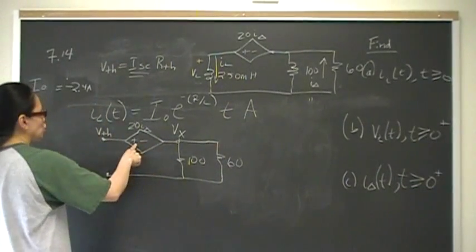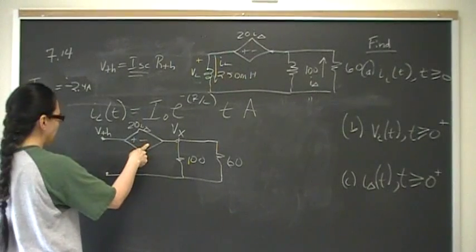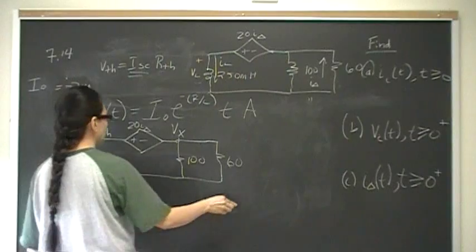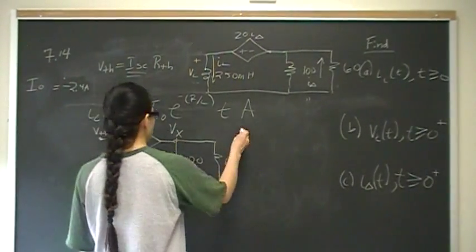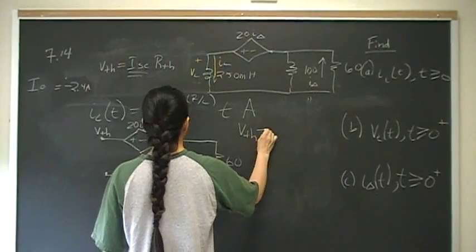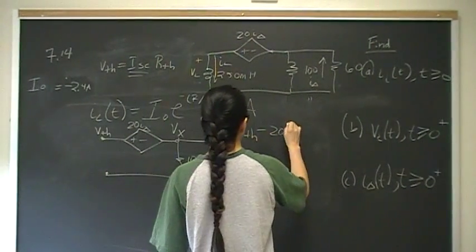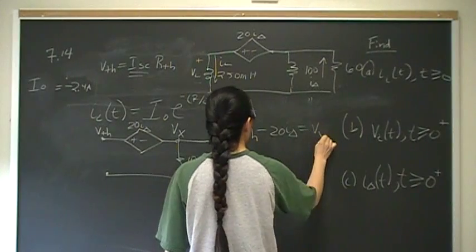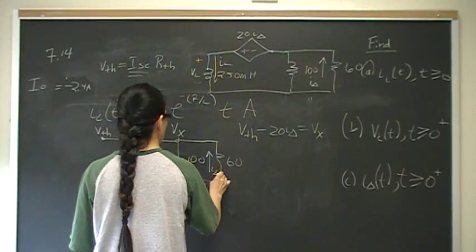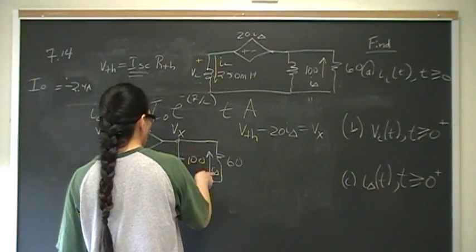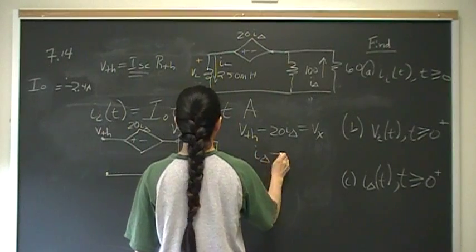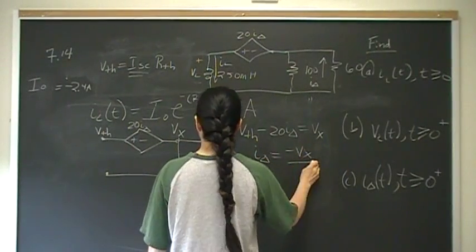We have a voltage drop plus to minus, which means it went down in potential. So V Thevenin minus 20 I delta is going to be V sub x. That's our one equation. This is our I delta. The second constraint equation is that I delta is going to be negative Vx over 60.